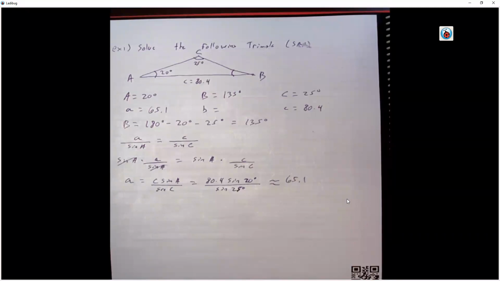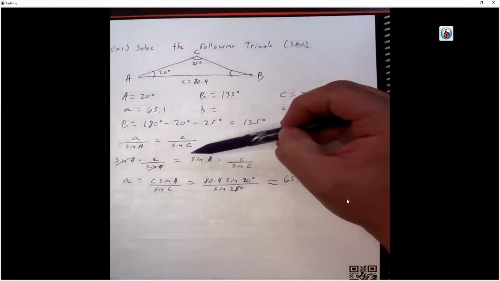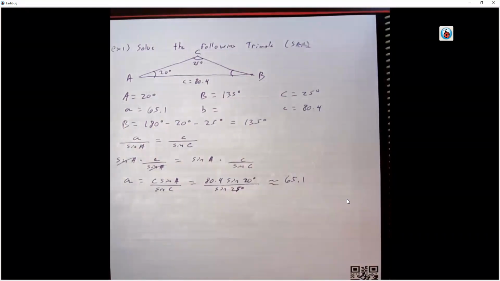Are you doing the exact same thing? A little bit? Yeah, we're going to do the exact same thing. I'm going to set this equal to little b over sine B. This is arbitrary. For instance, you could multiply by sine C and do the opposite.